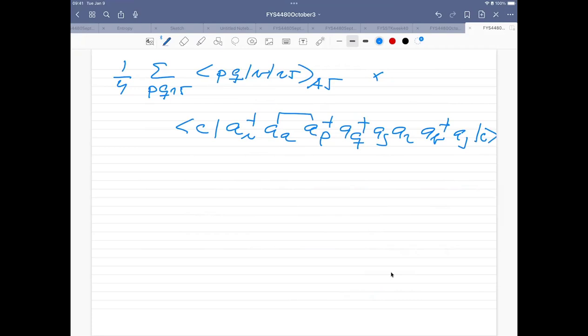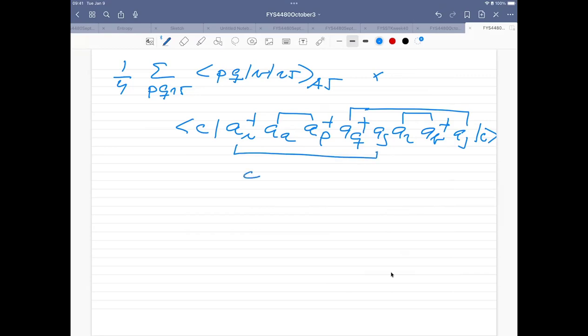And I can have this one acting on that one. Finally, I can have this operator here being contracted with a hole state here. And that means that the only one which is left is actually this one.